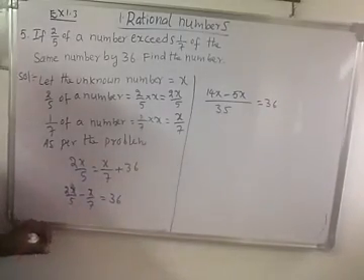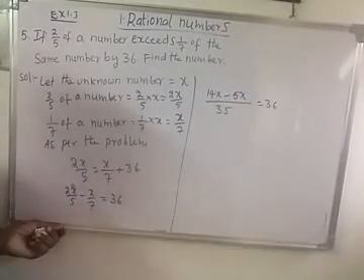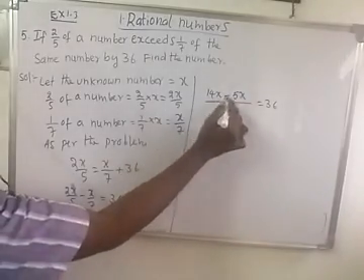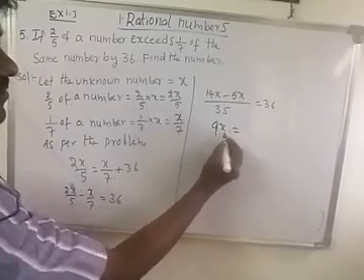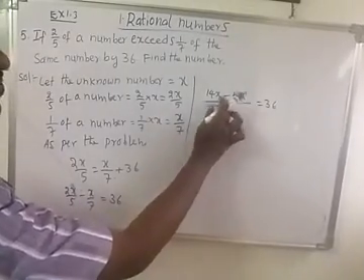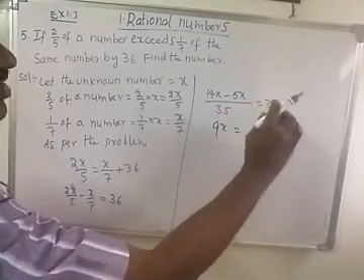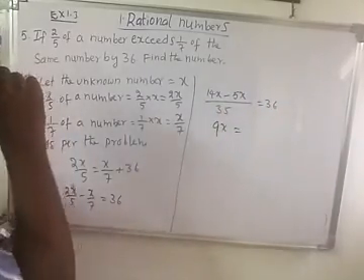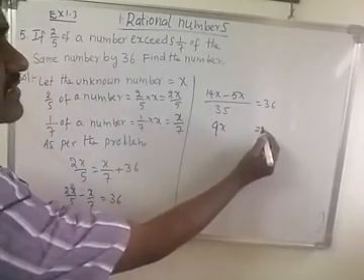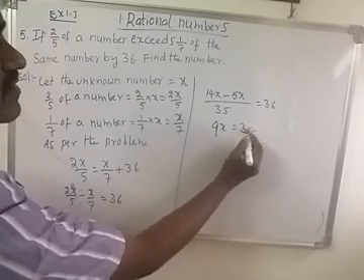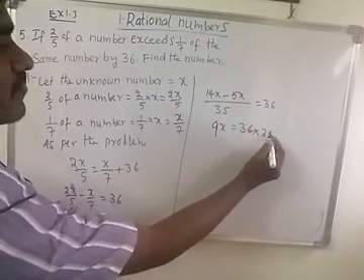Now, so 14x minus 5x, that is 9x, is equal to 36 by 35. This is a division quantity, so the division quantity we are transposing to RHS, will get a multiple quantity, that is 36 into 35.